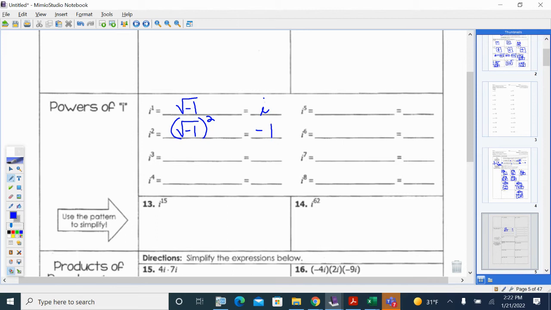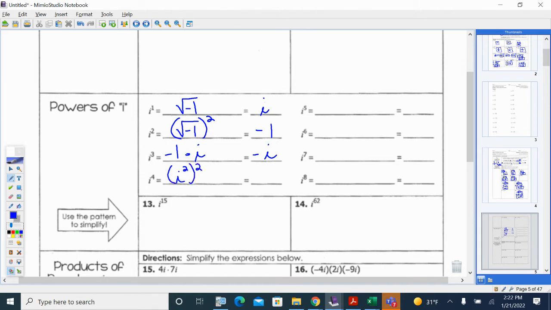Well, i cubed is a combination of both. So it's the i squared, which is -1, times i, which is i. So we get -i. i to the fourth power is the same thing as i squared squared.